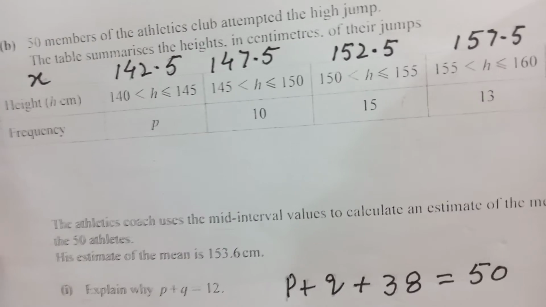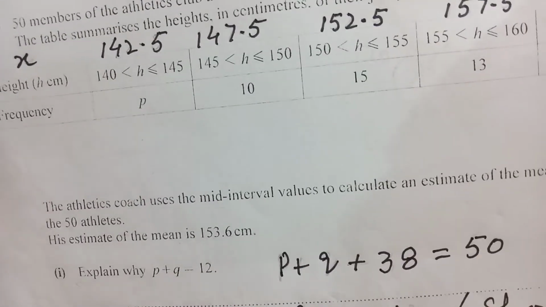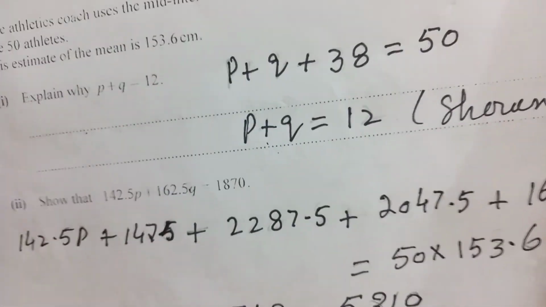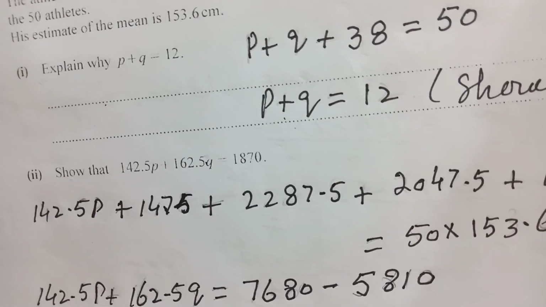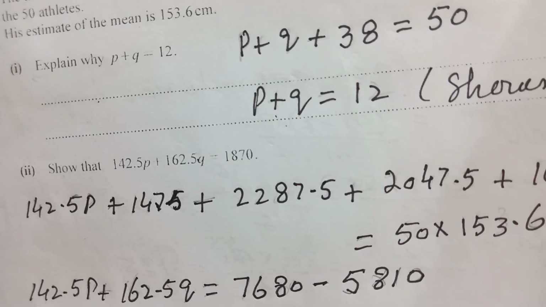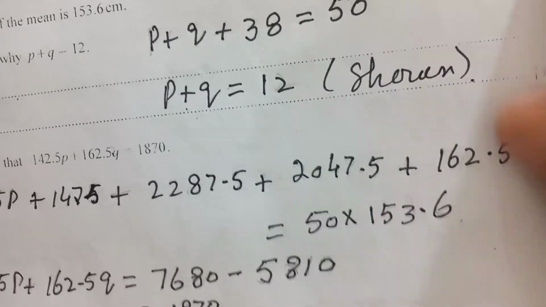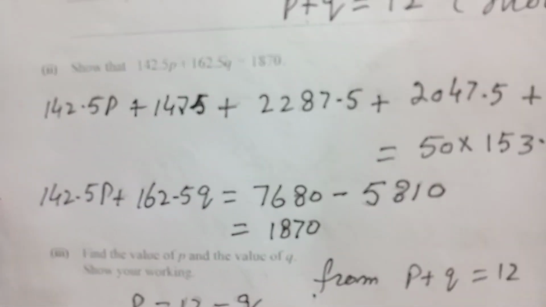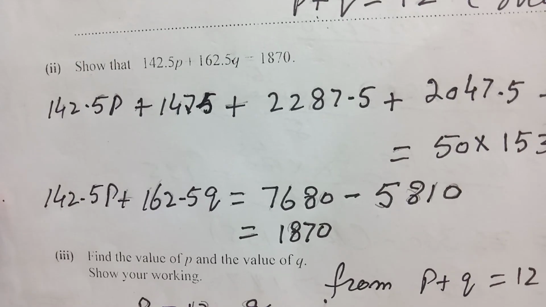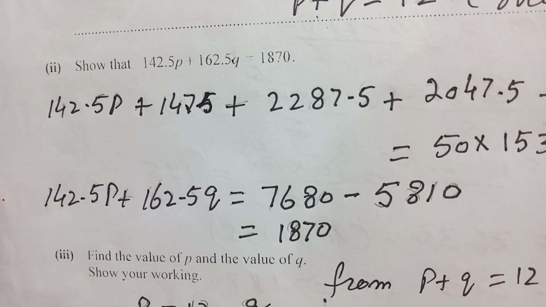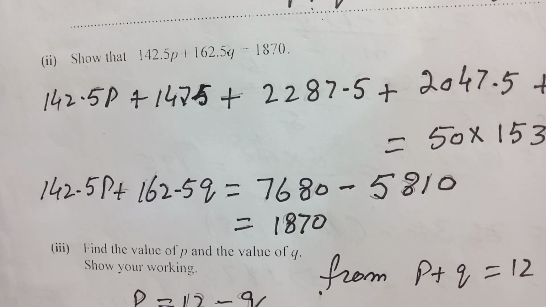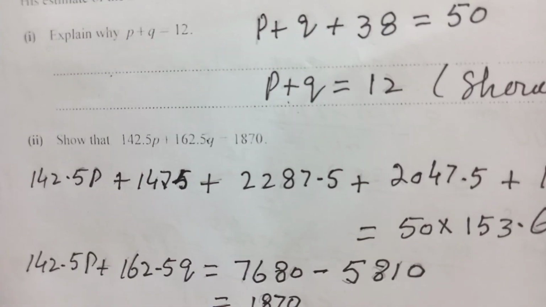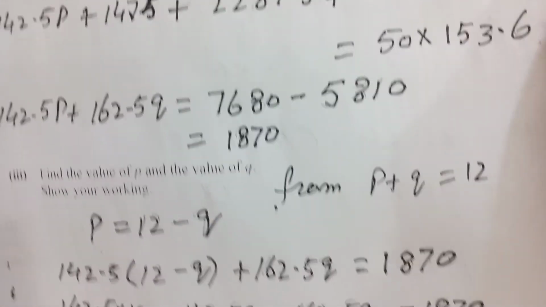So we will get the values of x. So fx will be 142.5P plus 1475 plus 2287.5. After working, you can see the whole working here. So we will get the equation 142.5P plus 162.5Q equals 1870, which is proved.